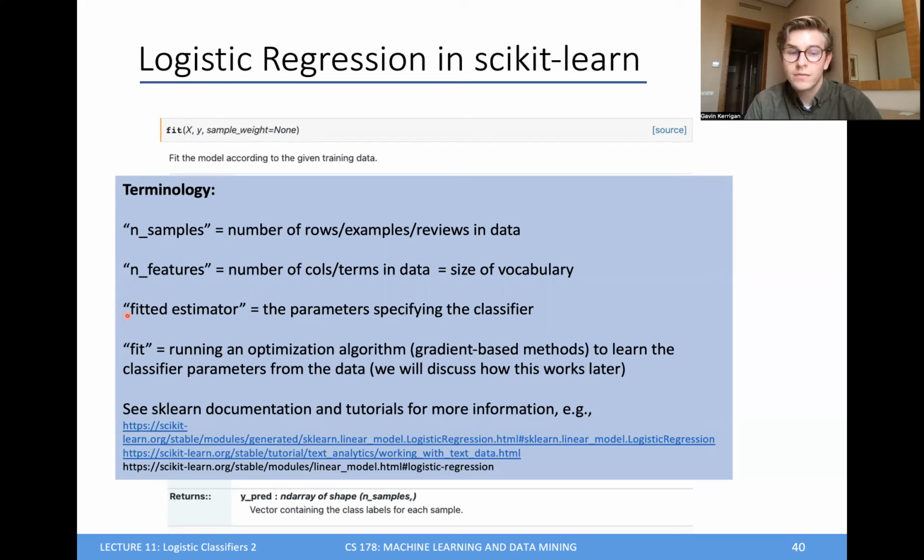So after we train a logistic model, what we get out of this procedure is some values for our weights, some values for our parameters, and these define the learned or the fit estimator. And sometimes instead of saying training or learning a model, we'll call this fitting a model. So if you see that word, that's exactly what it means. It's to train or to learn our model.